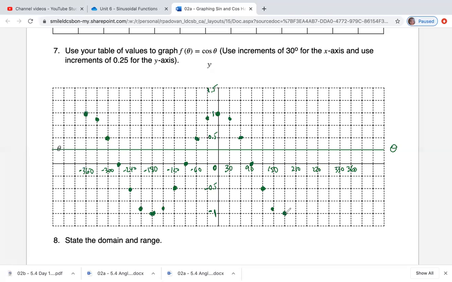And then 210, 0.9. And then 240 at negative 0.5. And then 270 at 0. 300 at 0.5. 330 at 0.9, and 360 again brings me back to 1, just like negative 360 is bringing me to 1.